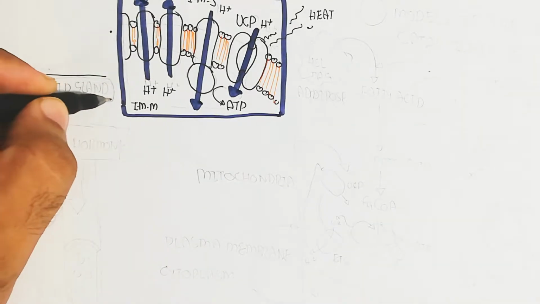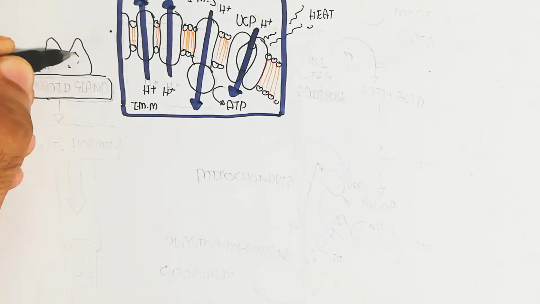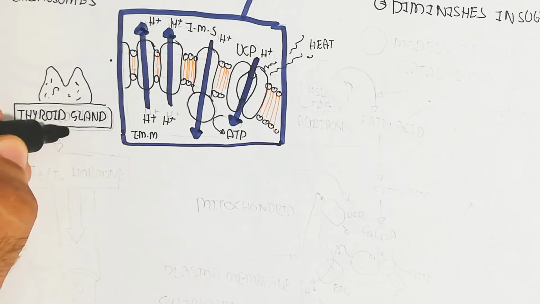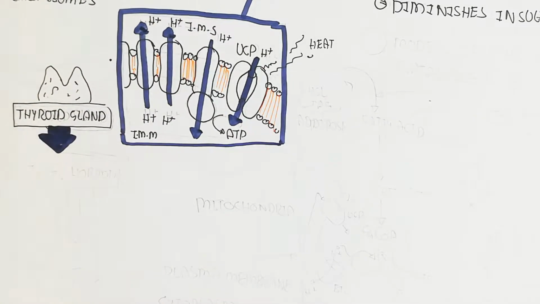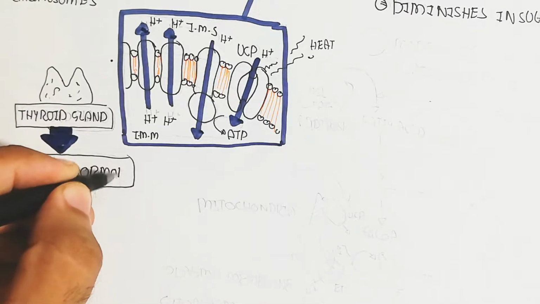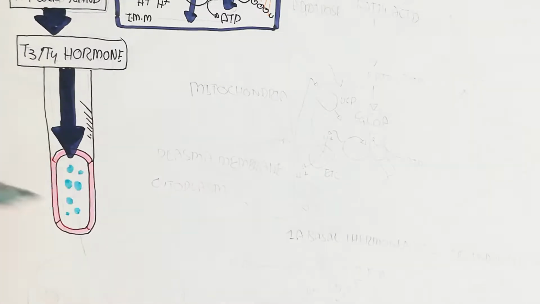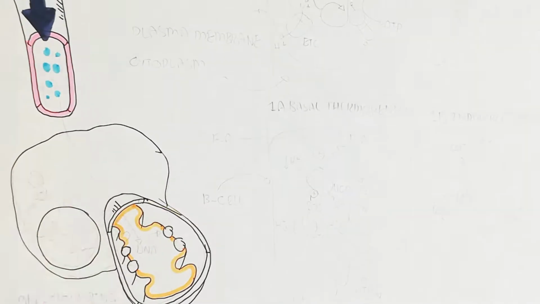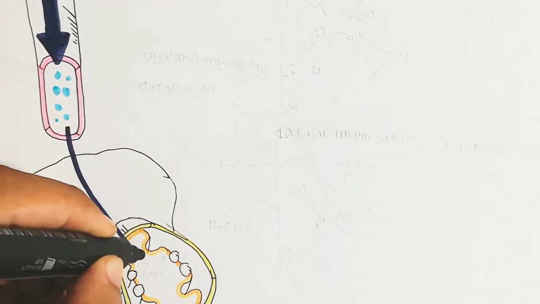Here, the thyroid gland is also involved in triggering thermogenesis. Through T3 and T4, the thyroxine and triiodothyronine hormones are produced from the thyroid gland as the thermogenic signal, enter the blood circulatory system, and target several tissues for non-shivering thermogenesis.